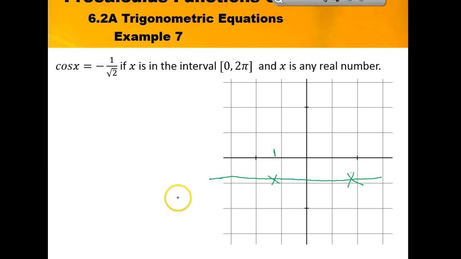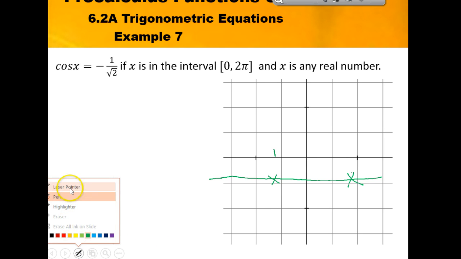Okay, so, oh, why did that stay there? That's really odd that that's there. Here's change, that's scary. Why isn't the eraser working here?